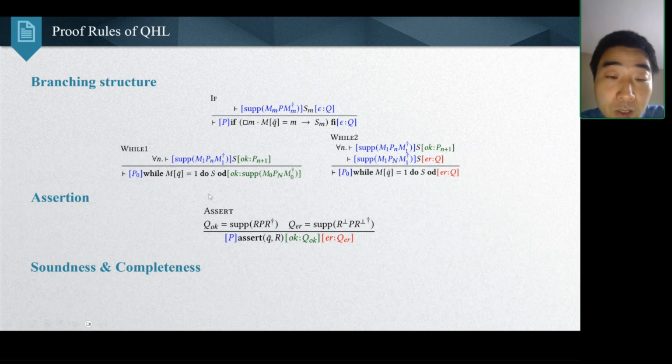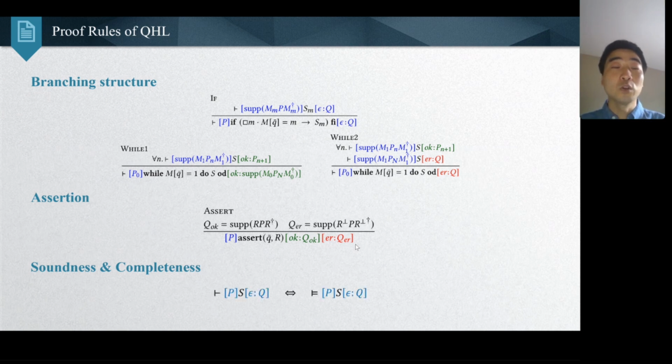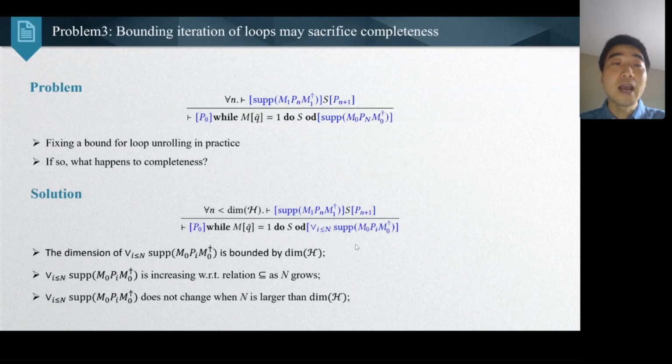Then we denote that P assert Q bar R is Q OK or Q error, because when we do the assertion we apply a measurement. So if we return OK, the state will collapse to Q OK. If we return error, the state will collapse to Q error. So we prove soundness and completeness. And also we can bound the iterations of the loops for completeness.